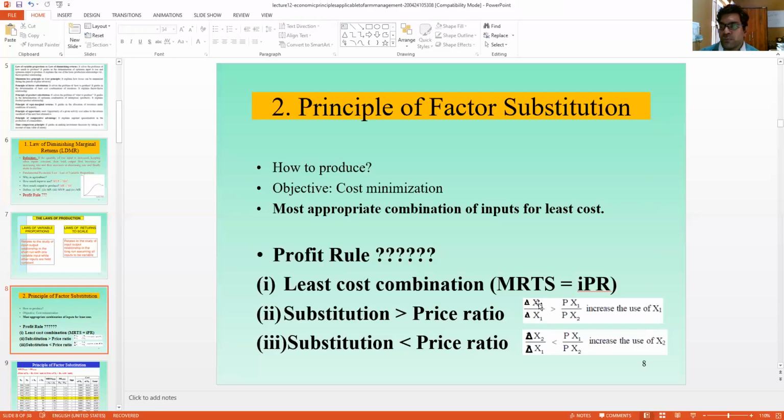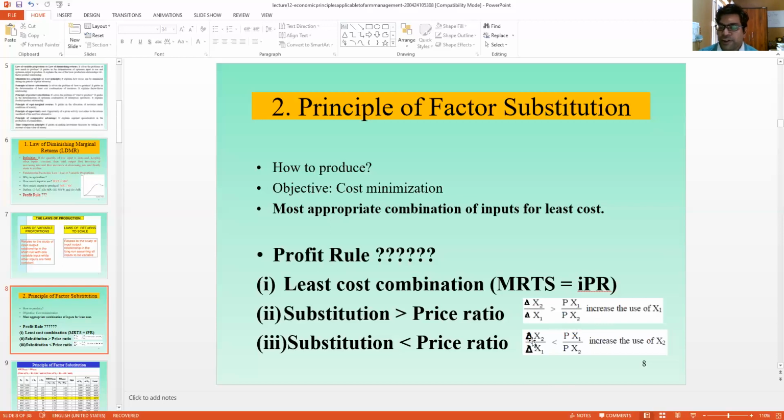So delta X2 is the additional change in the replaced input, delta X1 the additional change in the added input. If this is more than P of X1 over P of X2, the price of X1 input and the price of X2 input, that is the price ratio. If the MRTS is more than the price ratio, then the farmer has to increase the use of X1.